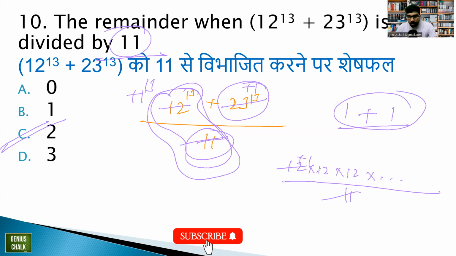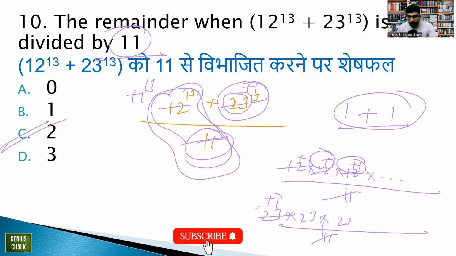Every time you divide 12 by 11, you will get remainder 1, and 1 is coming 13 times. So 1 to the power 13 is 1 only. And here also, 23 divided by 11: 11 twos are 22 plus 1 is the remainder. So every time you will be getting a plus 1. So 1 plus 1, the answer is 2 only.